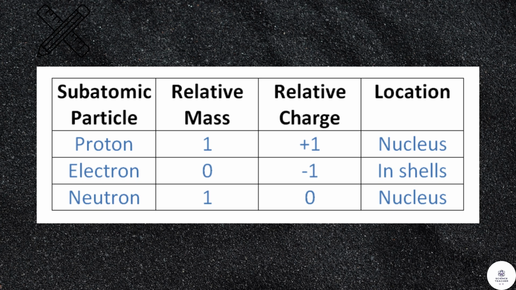How does the mass of the subatomic particles compare with one another? Well, protons in the nucleus, we say, have a mass of 1, but electrons have 0 mass in comparison because they are so small. And neutrons have a mass of 1, just like the proton. So, in other words, the same mass. They are also found in the nucleus.